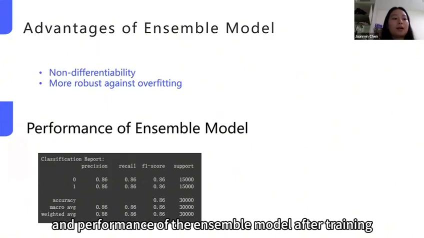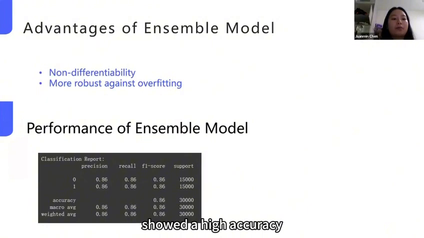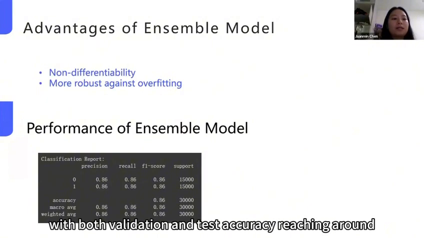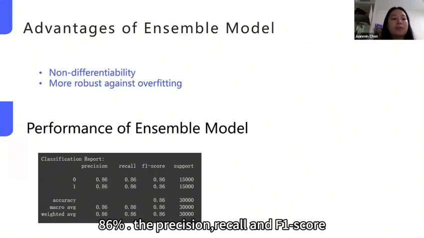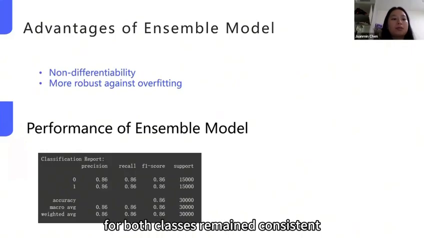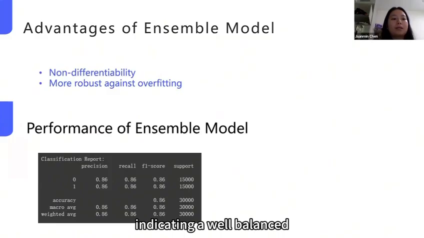And the performance of our ensemble model after training showed high accuracy, with both validation and test accuracy reaching around 86%. The precision, recall, and F1 score for both classes remain consistent, indicating a well-balanced performance across both categories.